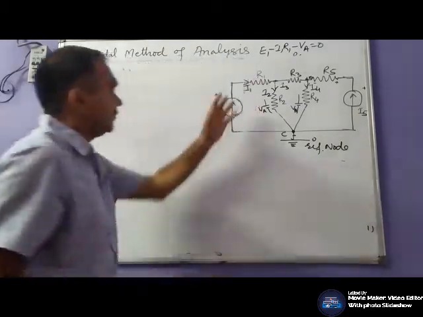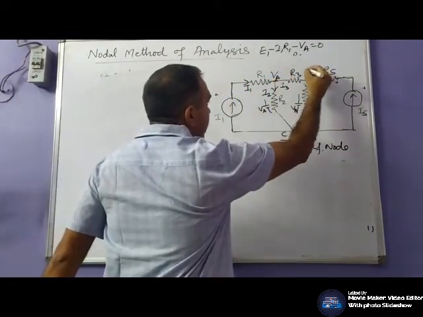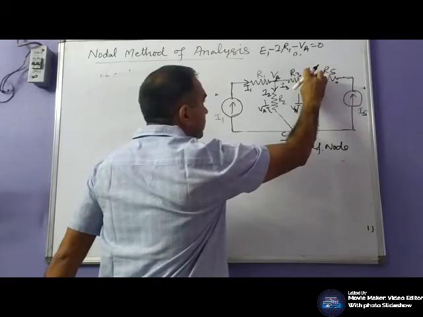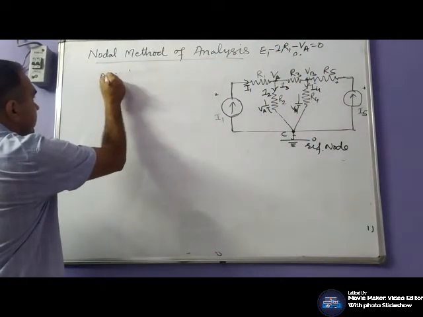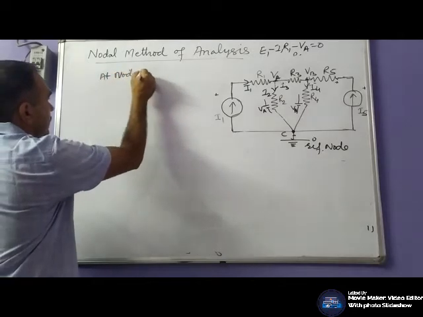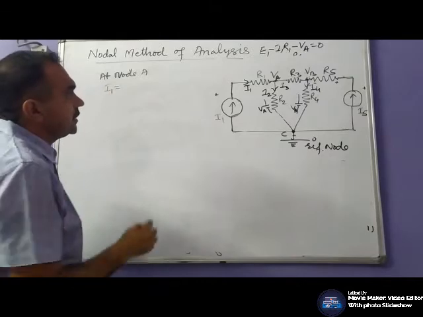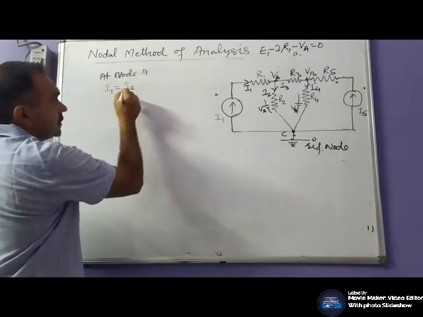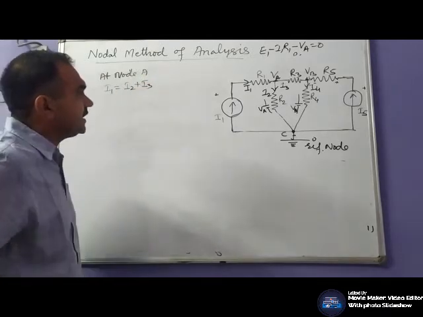Again, the method was said: at node A, the voltage is VA, at node B, the voltage is VB. So at node A, what is I1? It's I2 plus I3. And what is I2?